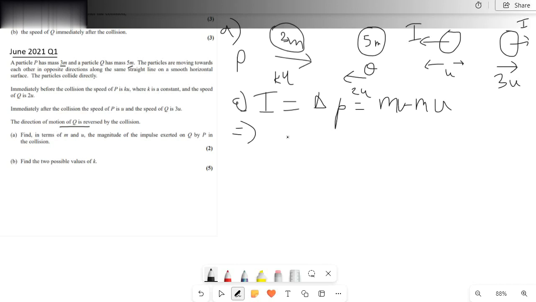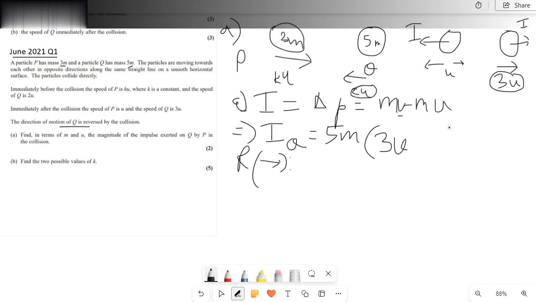Therefore, we can say I of Q should be, because we know the final velocity, which is 3u, and the initial velocity, which is 2u, and so resolving to the right, IQ is equal to mass, which is 5m, multiplied by the final velocity, which is 3u to the right, and because initial velocity 2u was to the left, we should have negative 2u.